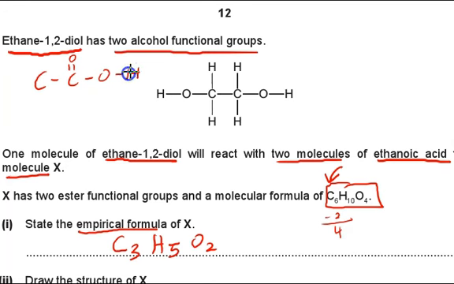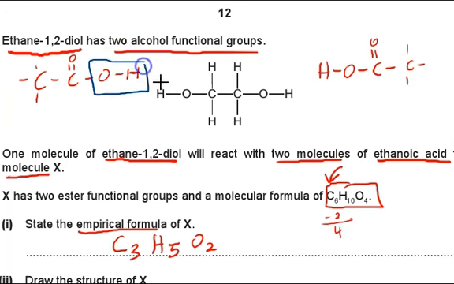Okay, then the next one we will have this, C double bond O, with another C. Alright, so now when they combine, you have to remove this.